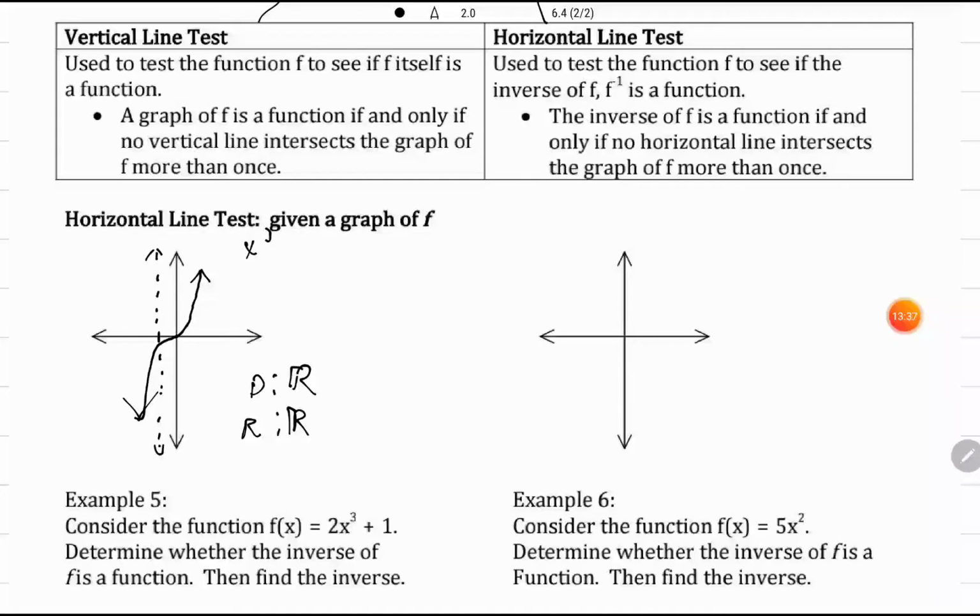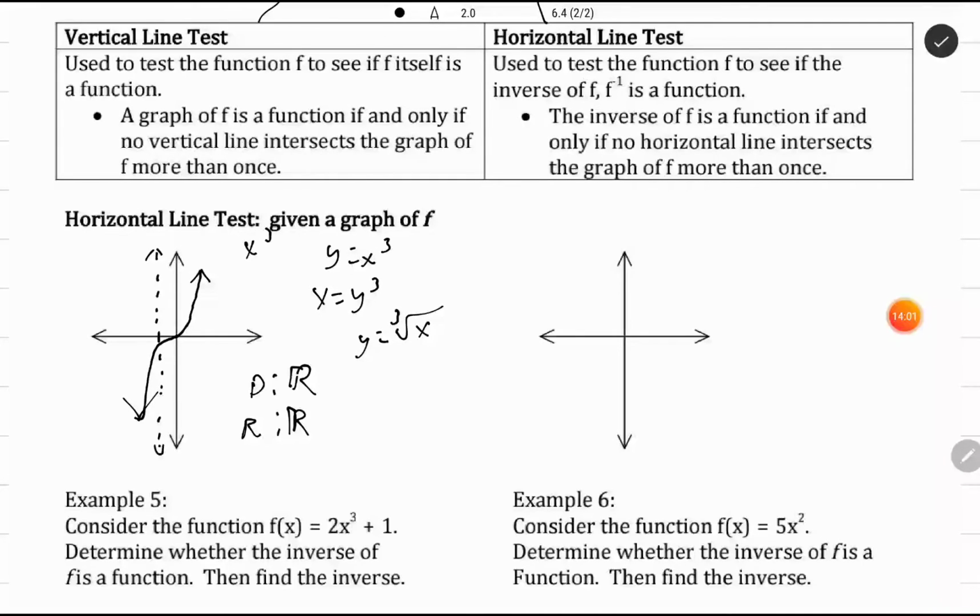Now the horizontal line test to see if the inverse of f is a function. We don't know what the inverse of f is. Well, if I wanted to find it, if I had y equals x cubed, I would switch it, right? x equals y cubed, and then y equals the cube root of x.